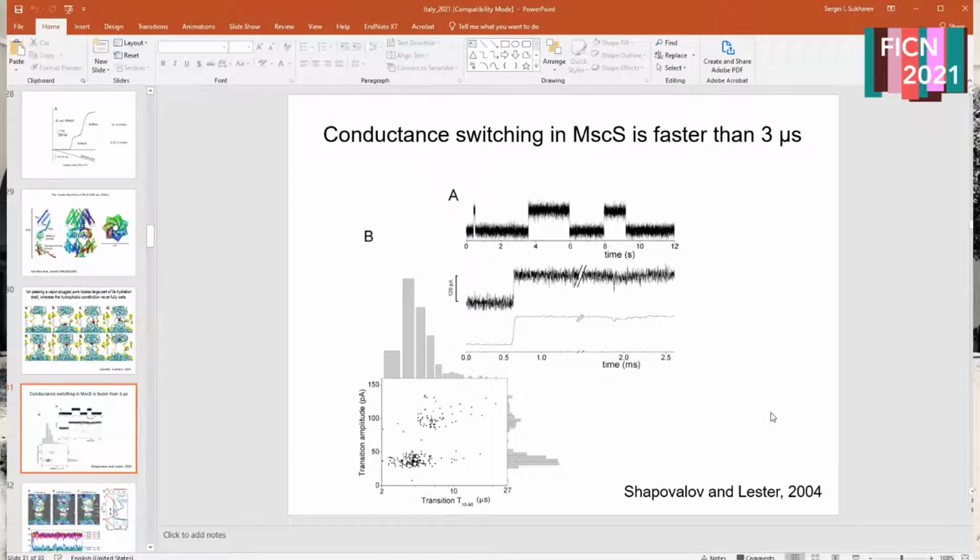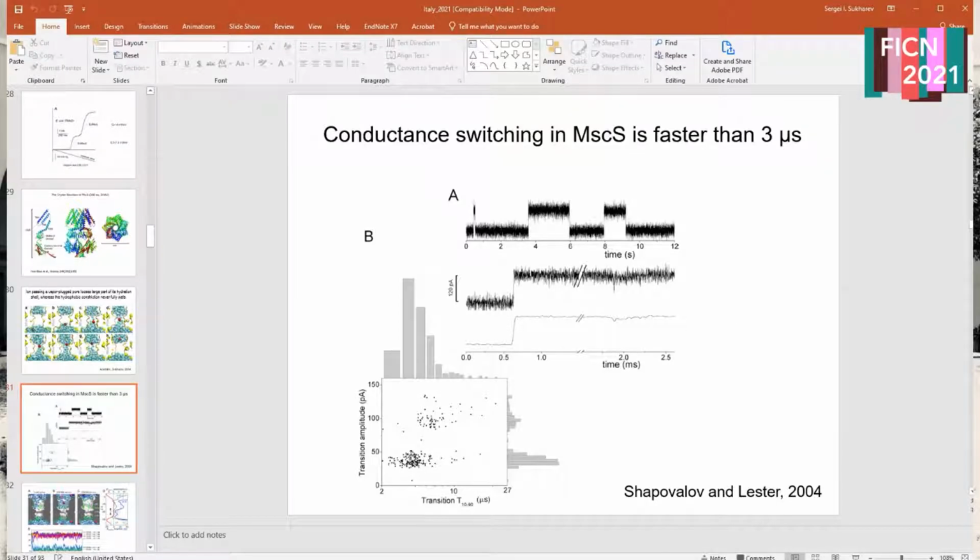At the very same time, Henry Lester's group published a paper that the conductance of MscL and MscS switching time between the open and closed state is shorter than the resolution time of their very advanced patch clamp machine. It was shorter than 3 microseconds.